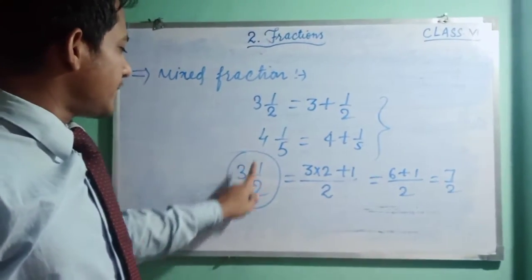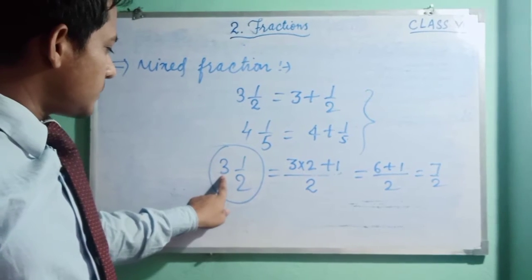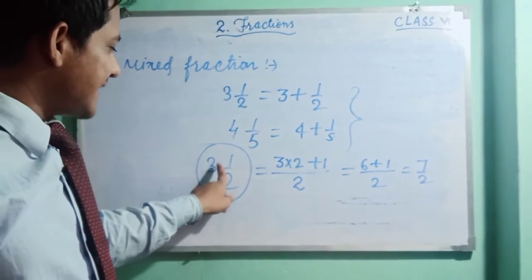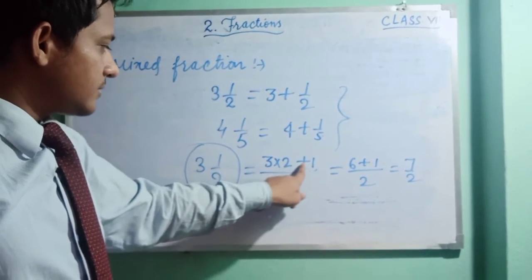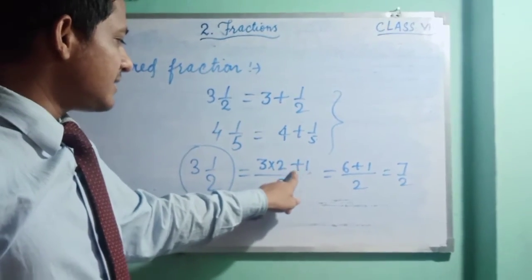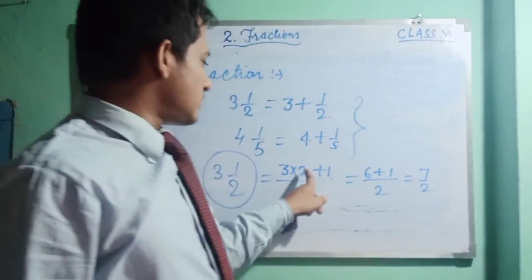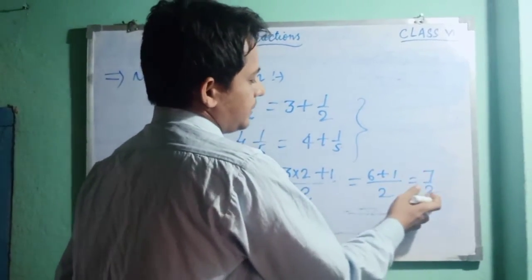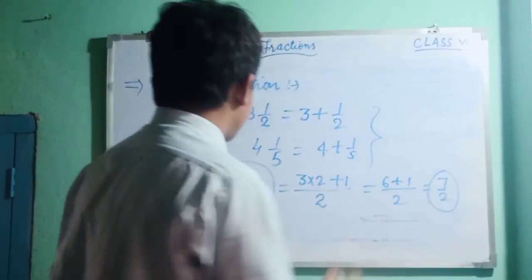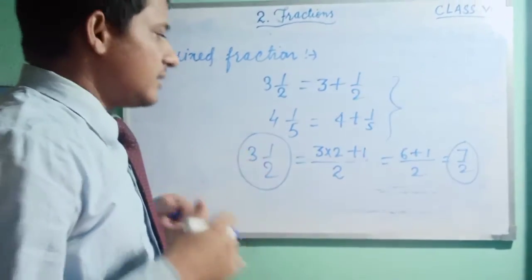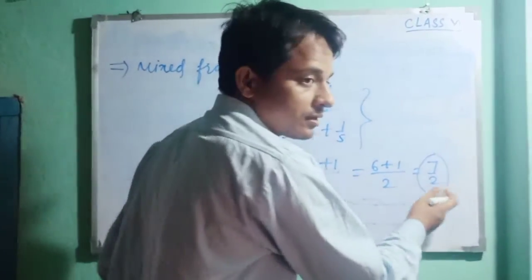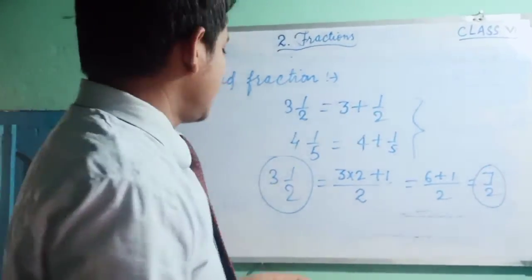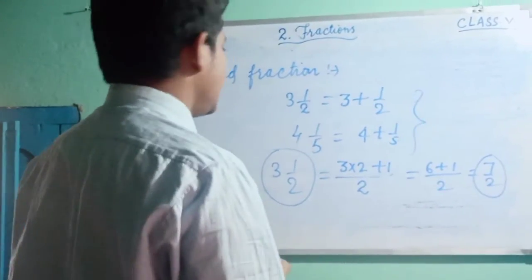Remember, first 3 1 by 2. Now this 3 is multiplied by 2 and 1 is added, and 2 stays as it is. So 3 times 2 is 6, plus 1 becomes 7 by 2. So this means a mixed fraction gives us an improper fraction.